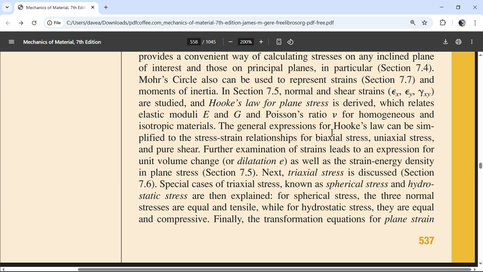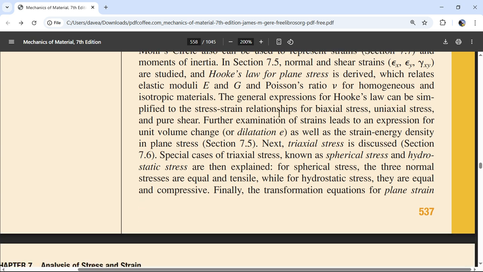The general expression for Hooke's law can be simplified to the stress-strain relationship for biaxial stress, uniaxial stress, and pure shear. Further examination of strains leads to an expression for unit volume change, or dilation, e, as well as the strain energy density in plane stress.